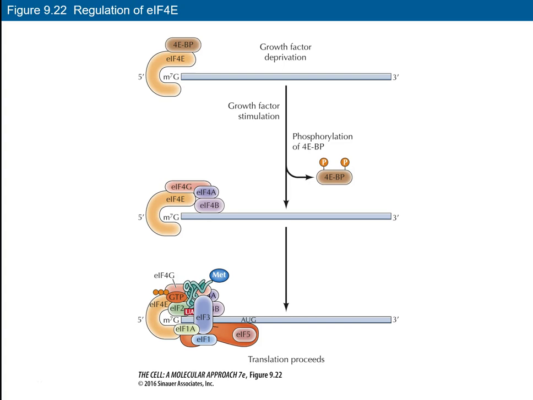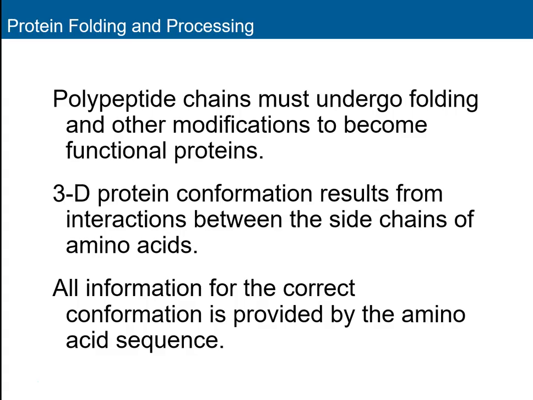Okay, so moving on, the next part is protein folding and processing. We have talked about, in fundamentals or general bio or Bio 111, whatever you want to call it, the different levels of protein structure. We talk about primary structure as being the polypeptide chain. Then secondary structures, like beta-pleated sheets, and then tertiary structures and so on.